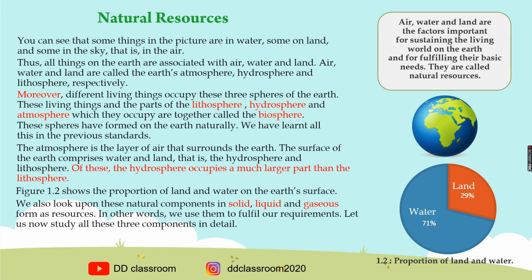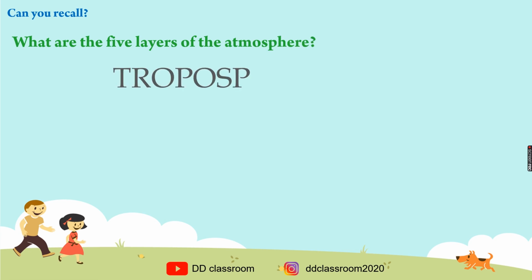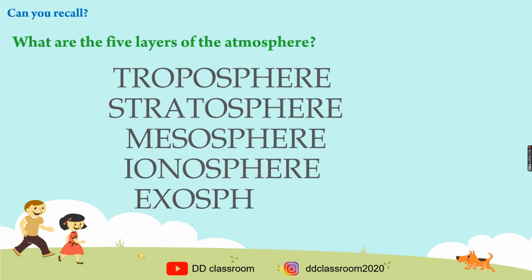Let us now study all these three components in detail. Can you recall? What are the 5 layers of the atmosphere? Troposphere, stratosphere, mesosphere, ionosphere, exosphere.